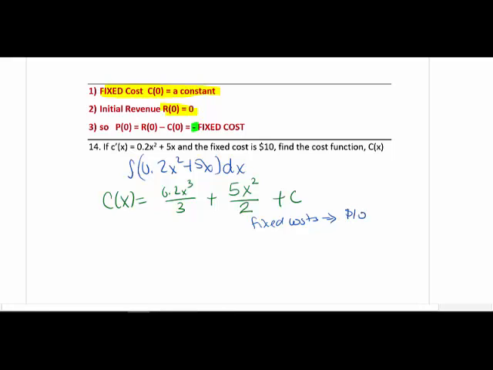that's my c. So my final function here, you are kind of expected to simplify this, meaning that you have a decimal and a fraction. So if you took your calculator and took 0.2 divided by 3, you're going to see that you get a decimal that rounds, and you don't want to use that. So this is where you would want to use your fraction key to convert it back to that form.